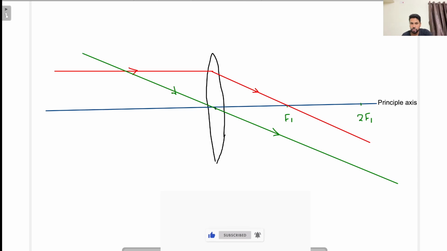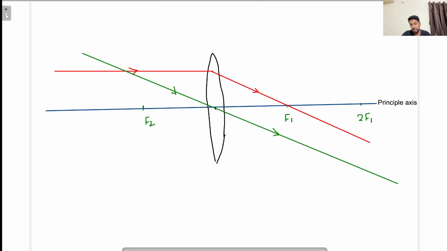And rule number 3, now I told you there is a presence of F2. F2 is there. Rule number 3, if the light is coming through focus, now when I am saying focus, that means it is this side focus, the side from where the light comes.